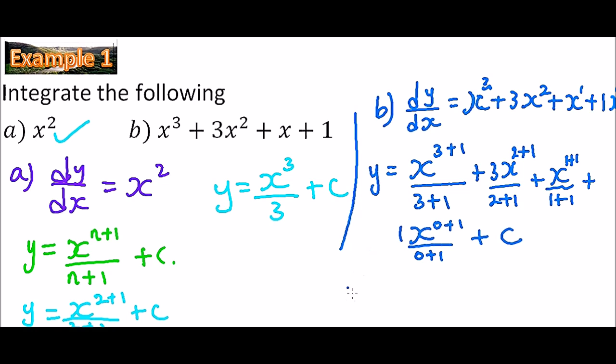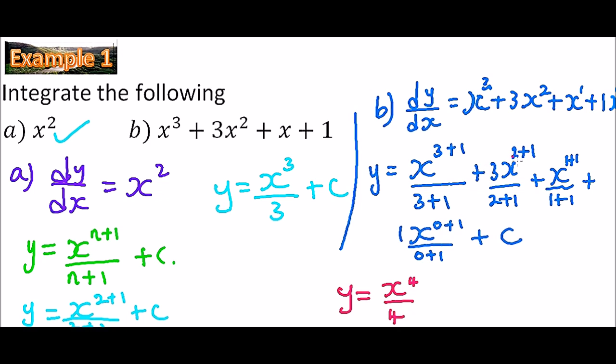So this will give us the function y is equal to x to power 4 divided by 4, so we have x to power 4 divided by 4.